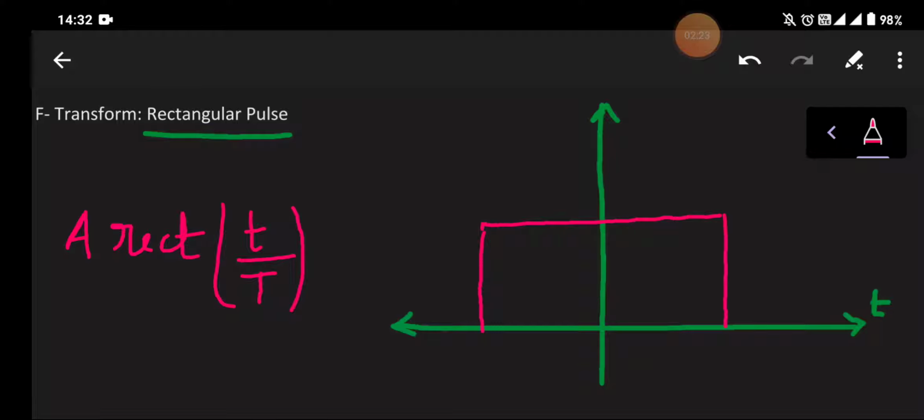So this is the complete time period of the signal T, and the limits are from minus T by 2 to plus T by 2, and the amplitude of the signal is A. So in this way a rectangular pulse is represented.